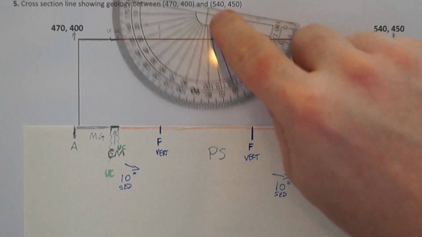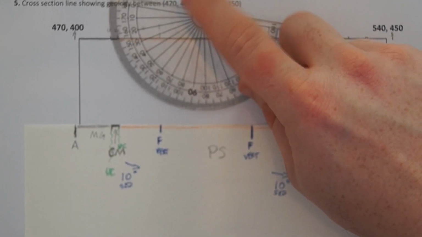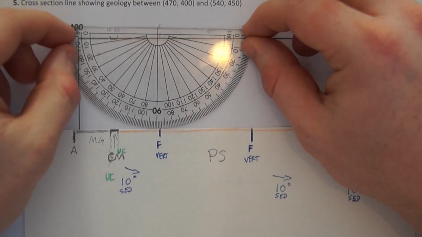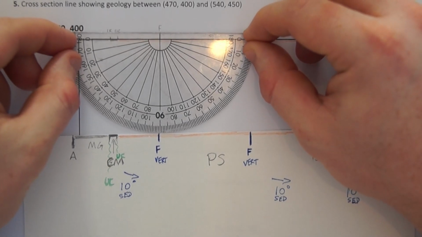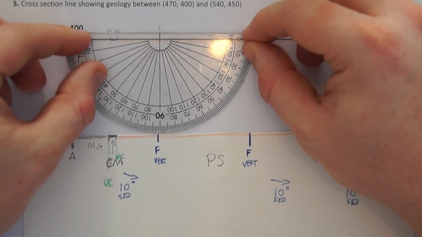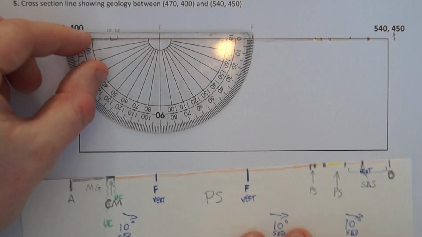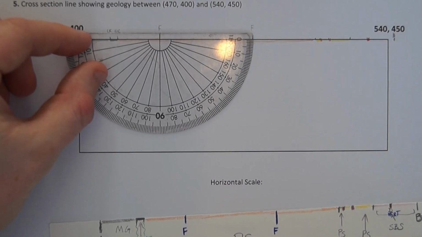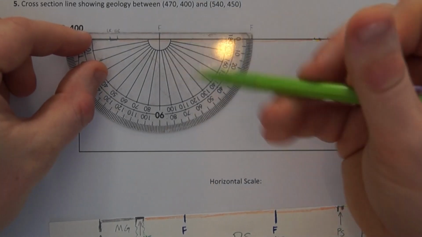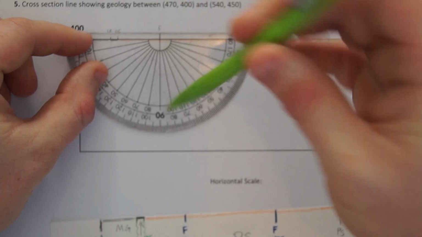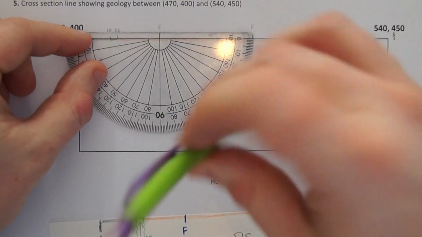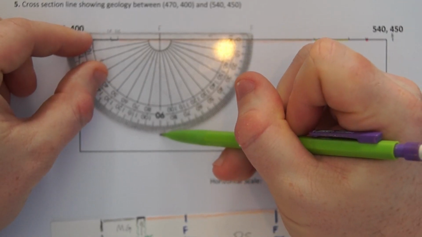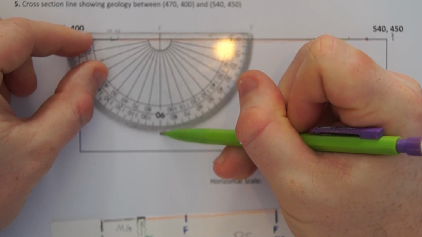So what I'm going to do is get my protractor, crosshair, and then drop that onto the top of the cross-section panel at the point at which I've got my Scratch Mill Scar fault. Then what I'm going to do using my propelling pencil is draw that angle of dip to 90 degrees, because I'm going to assume this is largely a vertical feature.